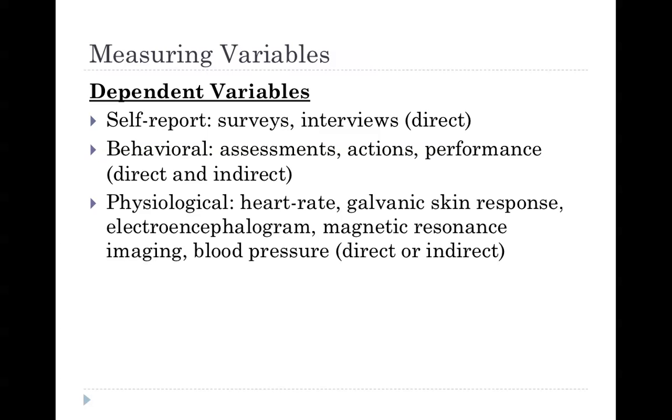And then lastly, it's the same with physiological. If you want to examine how something increases someone's heart rate, or how something increases someone's galvanic skin response, that would be a direct measurement. You're directly saying this is going to influence their heart rate, their skin response, their blood pressure.